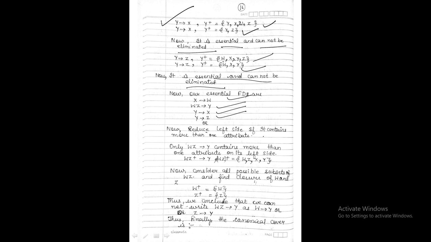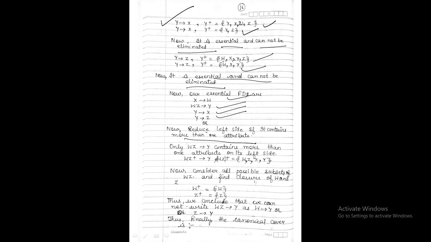Now you reduce the left side if it contains more than one attribute. WZ implies Y contains more than one attribute on the left side. You can find WZ's closure, WZXY.